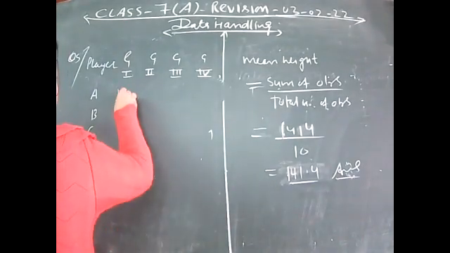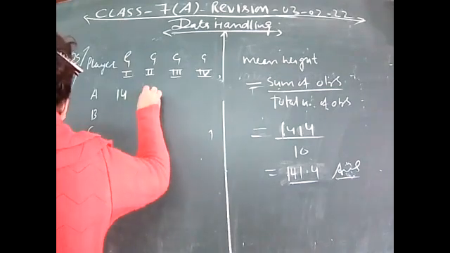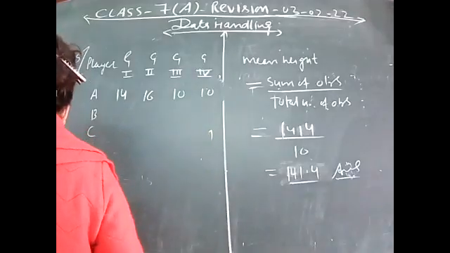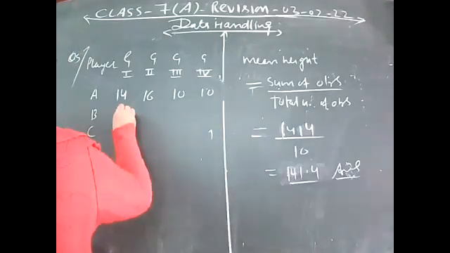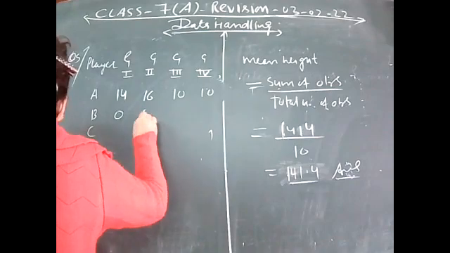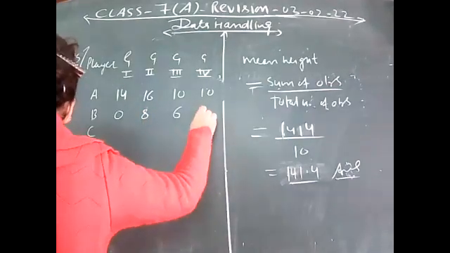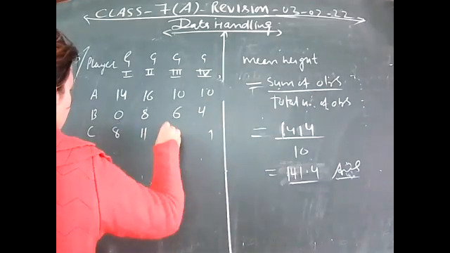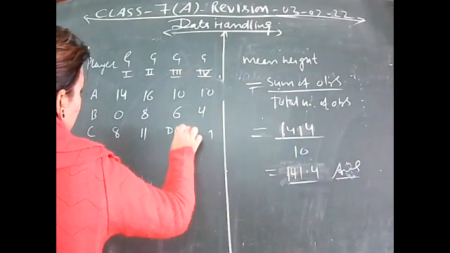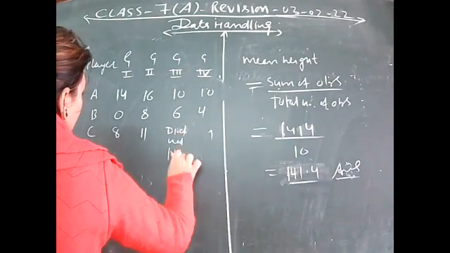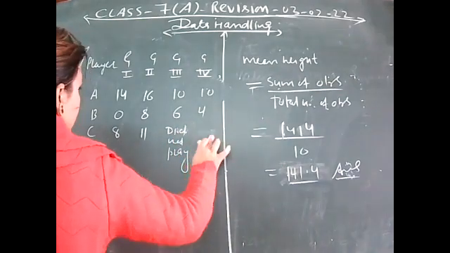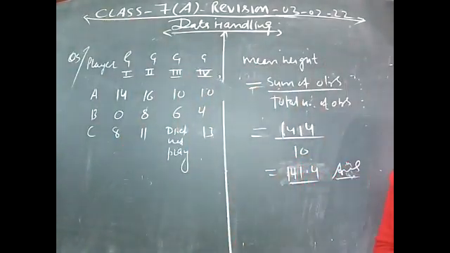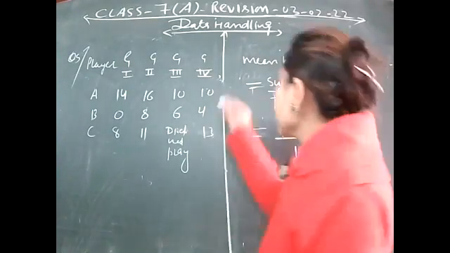For player A, it is 14, in the second game it is 16, then 10, and then 3. For player B, the points scored are 0, 8, 6, 4. And for player C, it is 8, 11, did not play, and the last game is 13. This is the data of the performances of the different players in the 4 games, right?